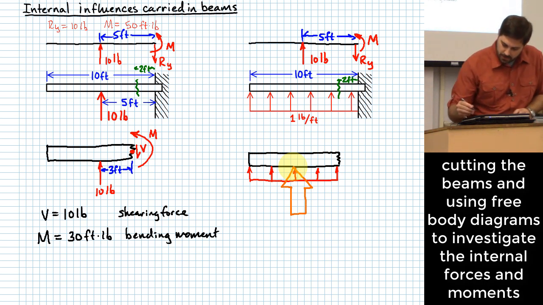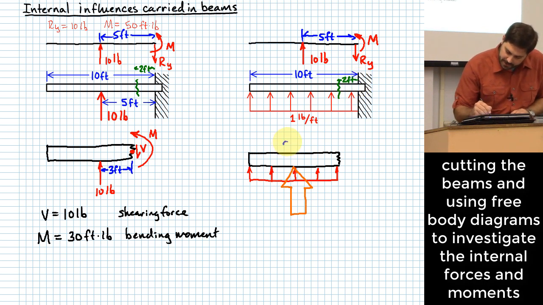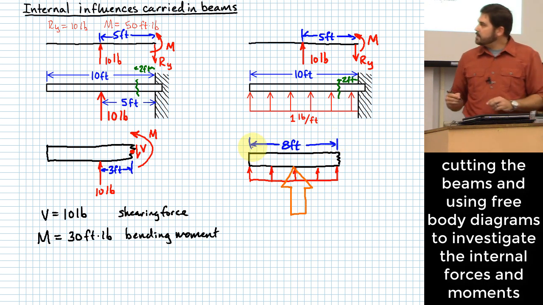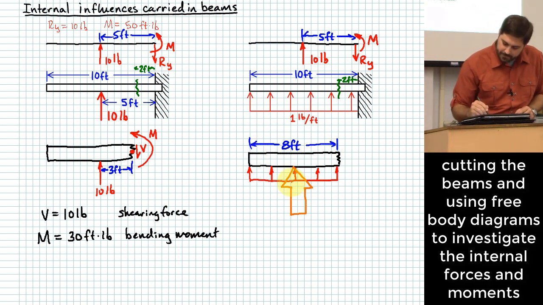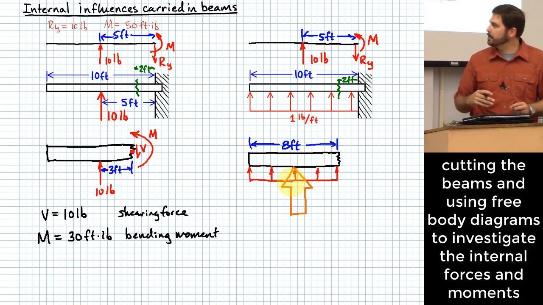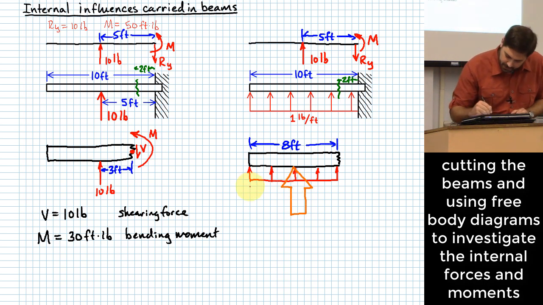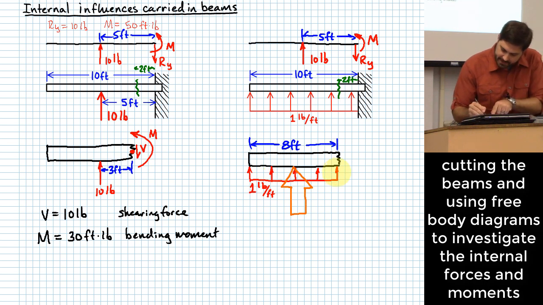Now we need to think about this. If that was 2 feet over there, then this is 8 feet. Agreed? How much load do I have for this lumped load at the middle of that segment? It's 1 pound per foot, which is what I had here, times 8 feet, so this is just going to be 8 pounds, right?